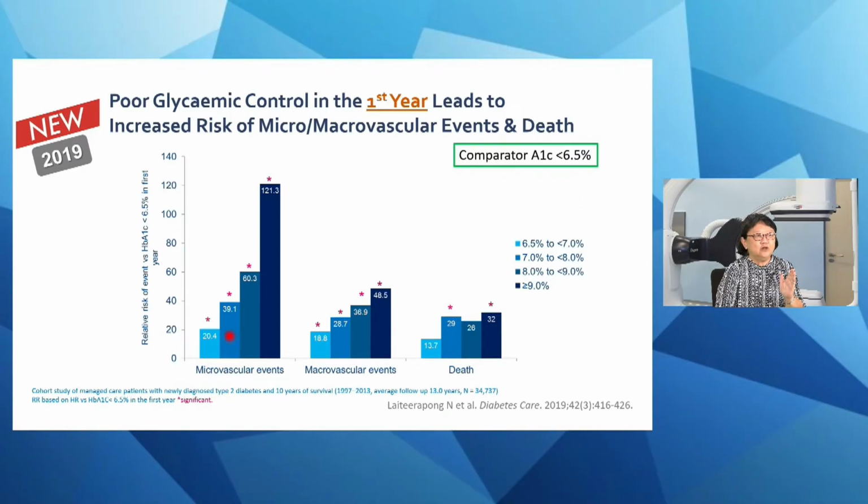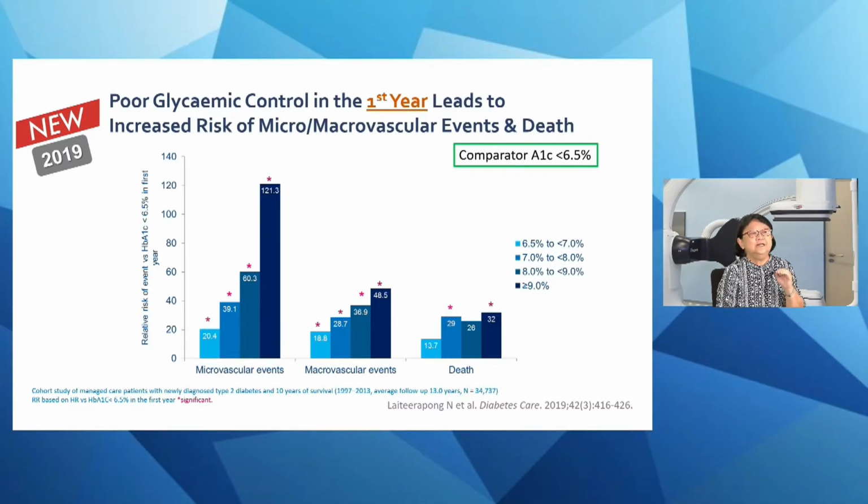All these columns belong to A1Cs higher than 6.5 at graded numbers, and this highest bar belongs to A1C above 9%. If you improve glucose control down to 6.5%, you minimize your risk of having a microvascular outcome. But if you leave it uncontrolled, even within the first year, look at the number of microvascular complications that can happen.